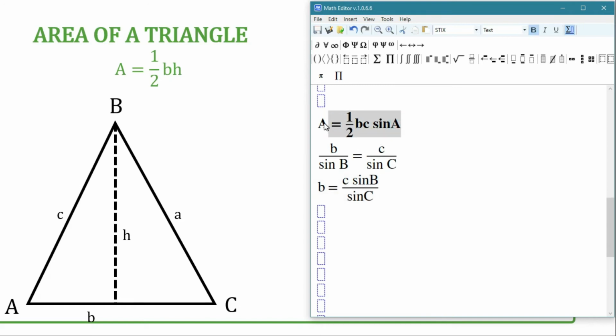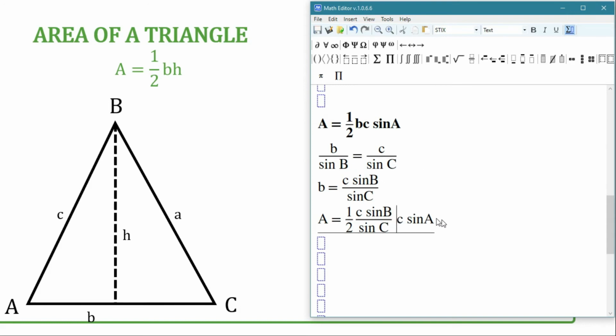So, i-replace natin si B as C sine B over sine C. So that's going to be 1/2 multiplied by C sine of B over sine of C, multiplied by sine of A. Ayan na po yung magiging formula natin.